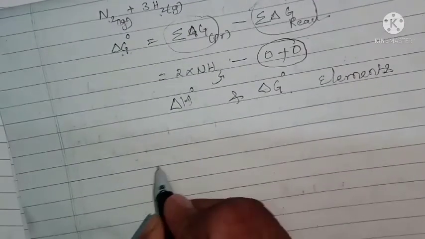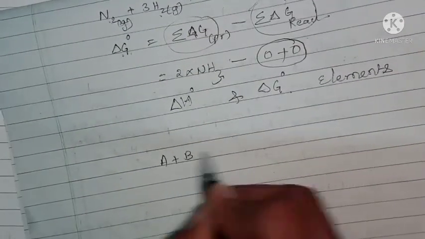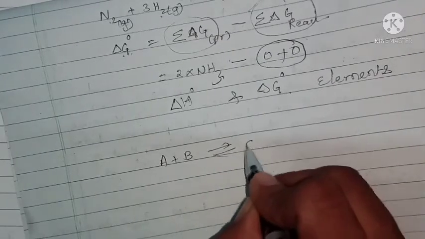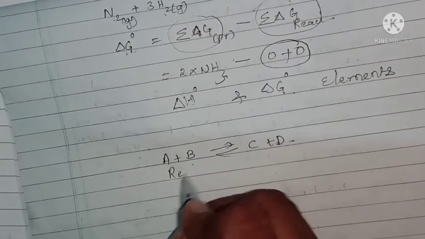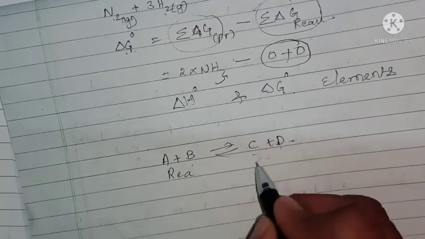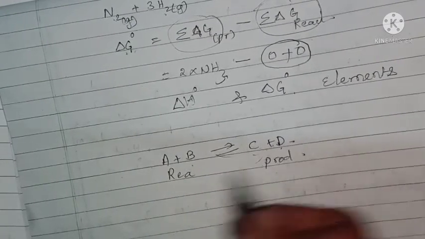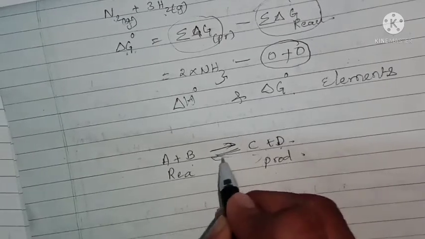For example, there is a reversible reaction. A plus B are the reactants, C and D are the products. So this reaction is a reversible reaction.